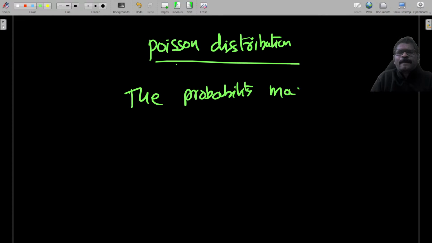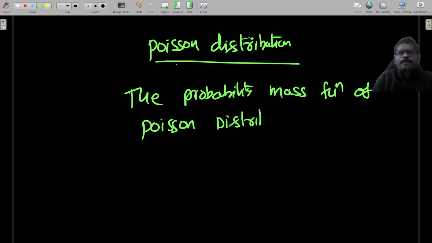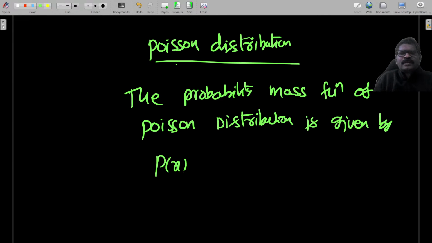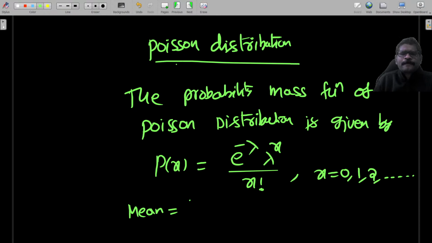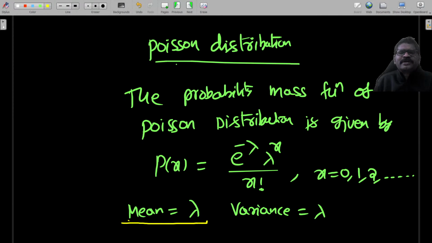The probability mass function of the Poisson distribution is given by P of x equal to e power minus lambda into lambda power x by x factorial, where x takes values 0, 1, 2 and so on, whose mean is lambda, and whose variance is also lambda. Mean is lambda and variance is also lambda.